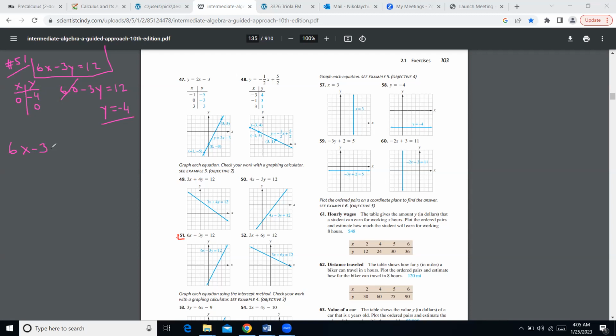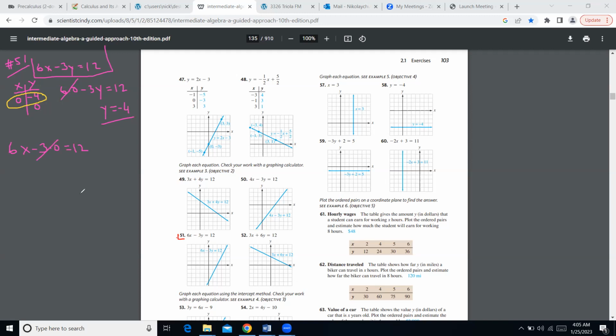So now I want to find the other point here because I already have the first point on this graph, the pair 0 and negative 4. So I will now need to use a 0 for the letter y to get another intersection with the axis.